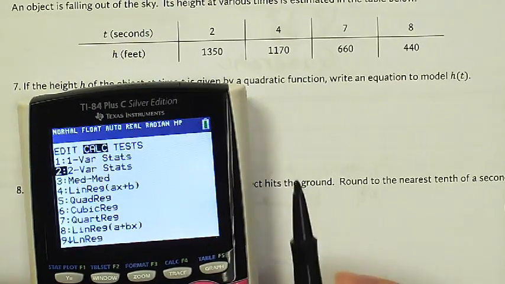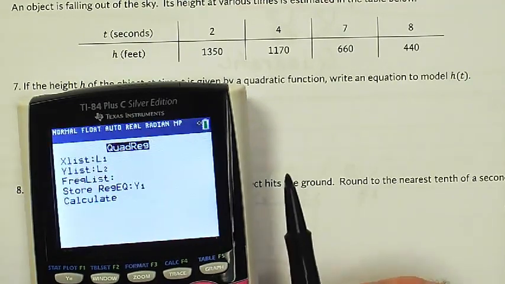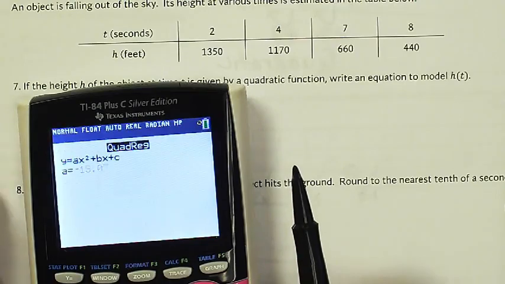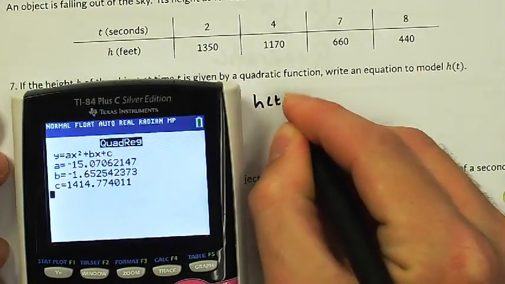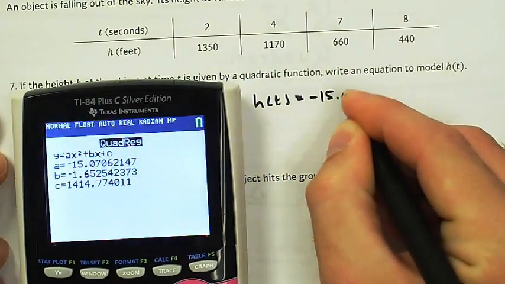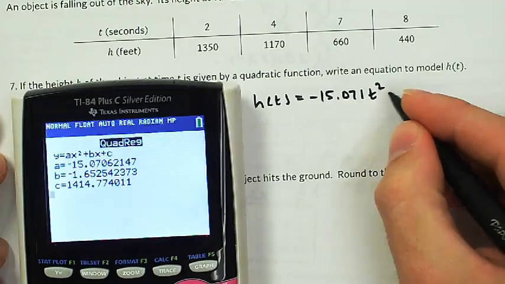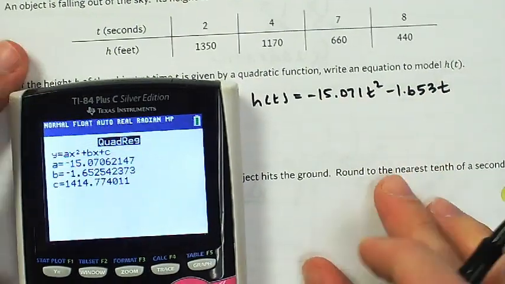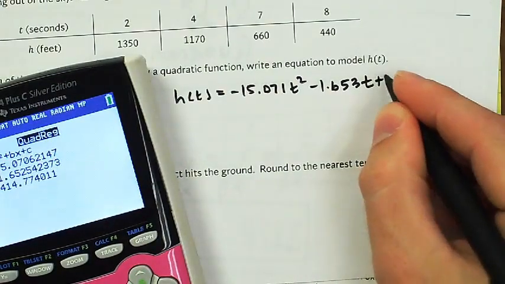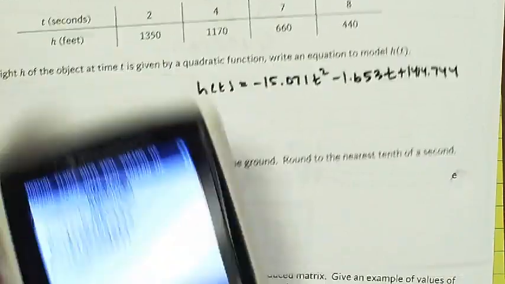So we're going to calculate a quadratic regression again. That's more like it. Negative 15.071 t squared minus 1.653 t plus 1414.744. Okay, and that's going to be my equation.